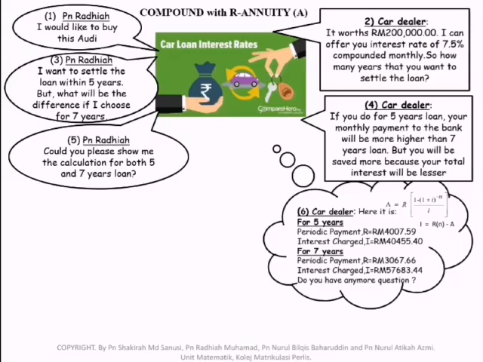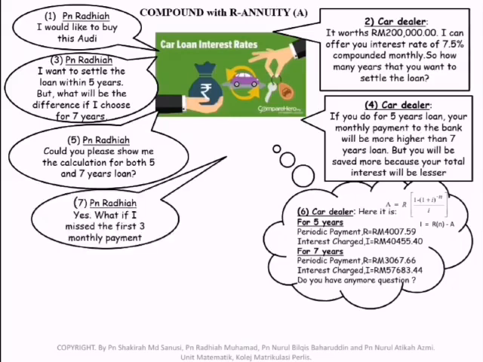For the 7 years, your periodic payment capital R is equal to 3,067 ringgit and 66 cent. Whether your interest charge capital I is equal to 57,683 ringgit and 44 cent. So, do you have any more questions?